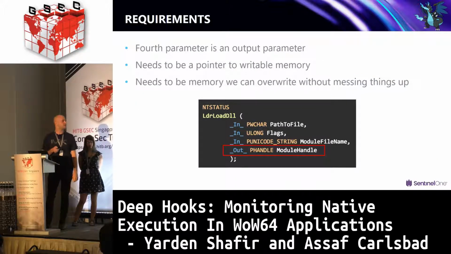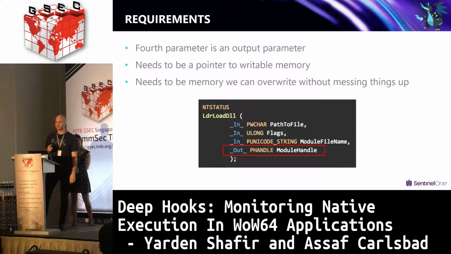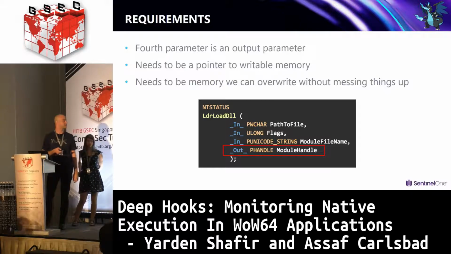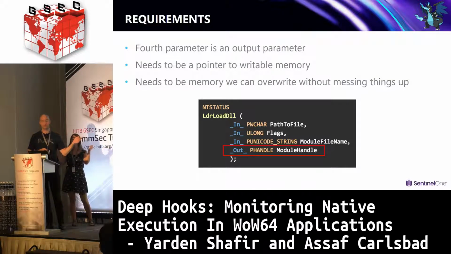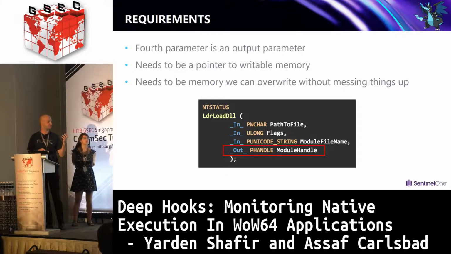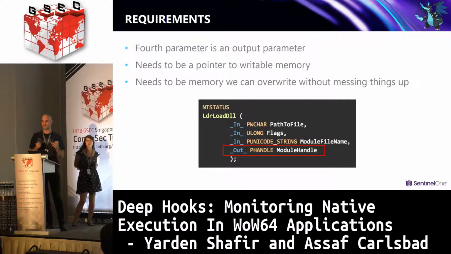Okay, so now let's take a closer look at LdrLoadDll and specifically at its 4th parameter. As you can see here, the 4th parameter is actually annotated as an output parameter. And it's basically a pointer to which the function is going to write the base address of the DLL that it has just loaded. So this makes things a little bit more complicated, because it means not any value loaded into R9 will suit our needs.